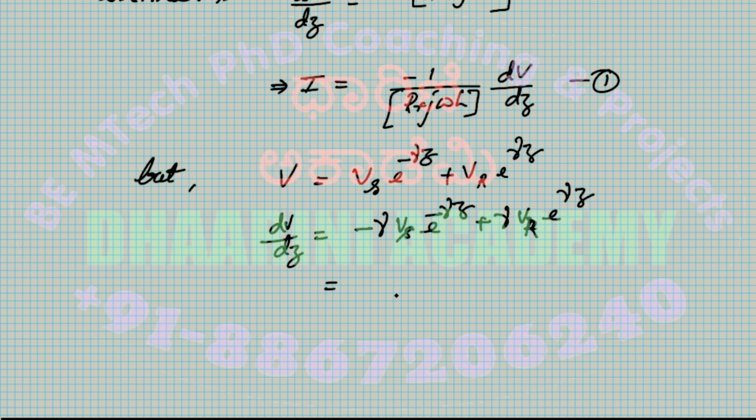So let me try to write it in this way. I'll take a gamma outside and write Vr e to the gamma z minus Vs e to the minus gamma z.